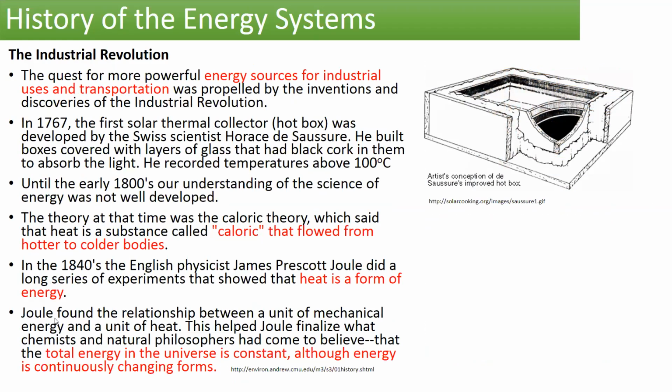Solar energy is nothing new. In the past, people have been using solar energy too, not on the scale that we are using today, absolutely, but there are some examples that show you that. For example, this Swiss scientist, Horace, built a box covered with layers of glass that had a black core in them to absorb the light, and he recorded temperatures of about 100 Celsius inside.